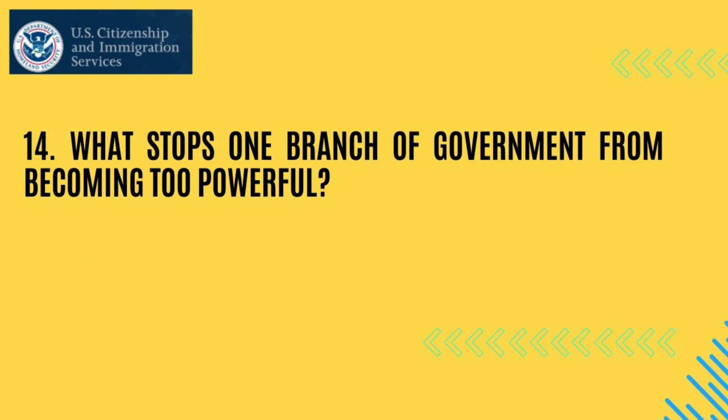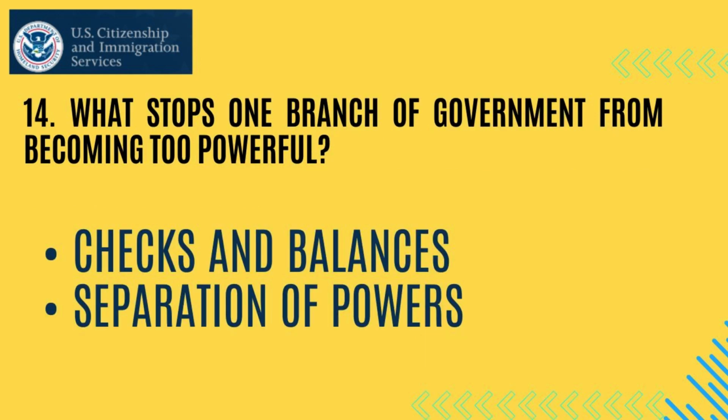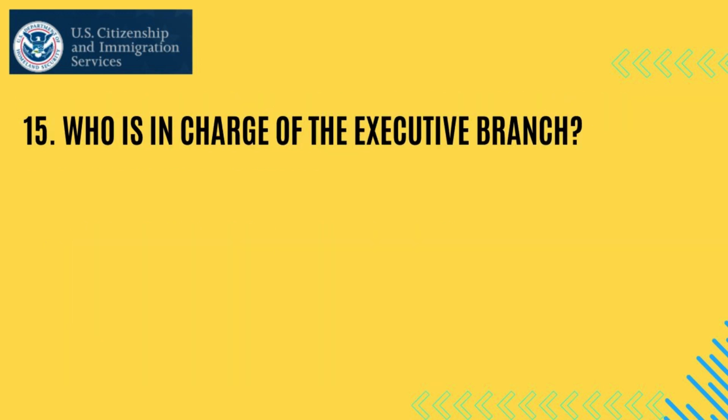14. What stops one branch of government from becoming too powerful? Checks and balances. Separation of powers. 15. Who is in charge of the executive branch?